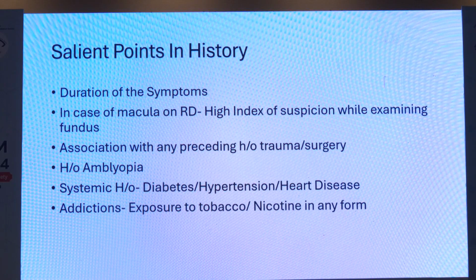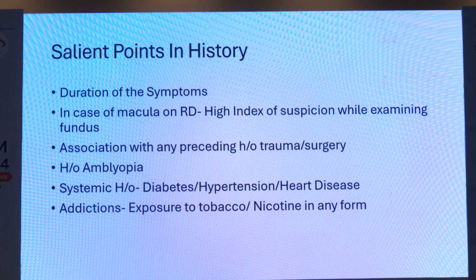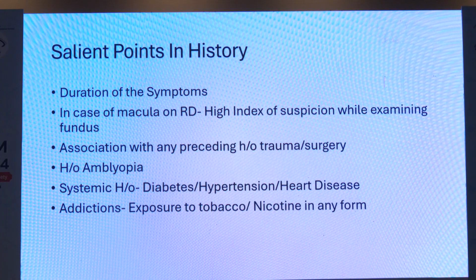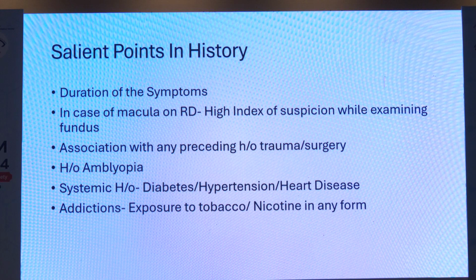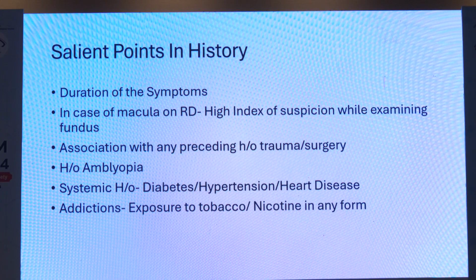Salient points in the history: the duration of the symptoms. It's very important to know for how long the patient has not been seeing well. If he's not been seeing well for a long time, that means a long-standing RD, and you may not have a good visual outcome. In case of macula-on RD, a patient presents to you with flashes, you have to have a high index of suspicion while examining the patient.